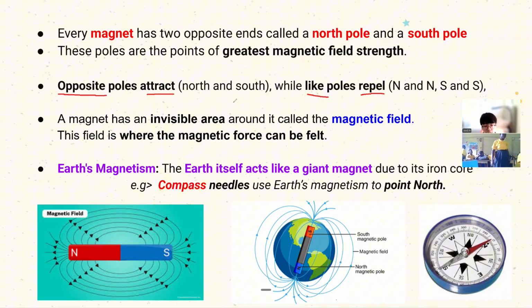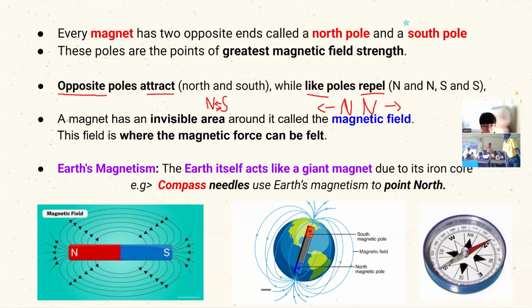When you have a north pole and a south pole together, they attract each other. But if we have a north and a north, then they repel. So opposites attract, likes repel. Okay.